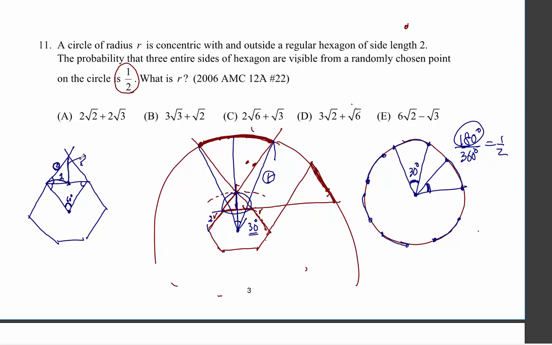And the height is what? Root 3 times 1, right? This is root 3, isn't it? We have another root 3 over here. So from here to here, there are 2 root 3 over here, right? That is 2 root 3. Not root, 2 root 3. And also, can you see that triangle?